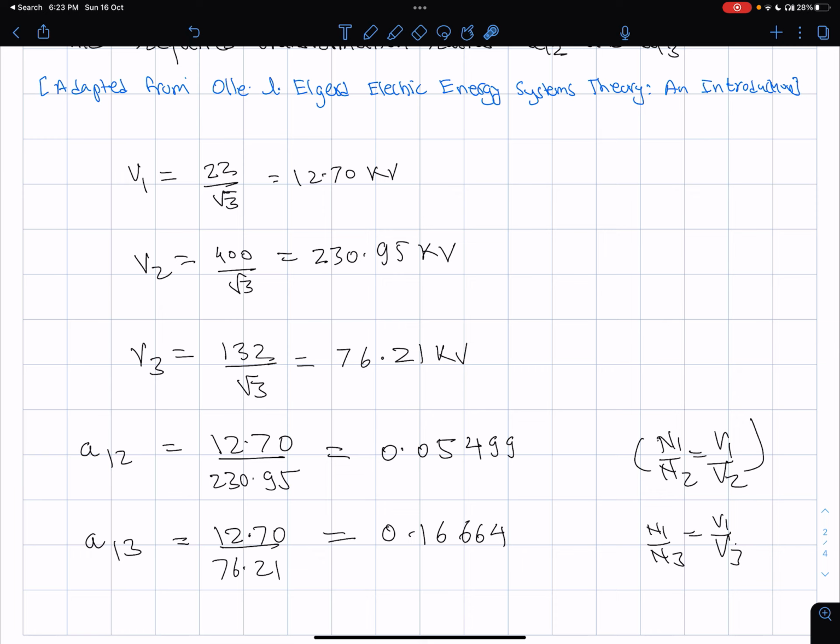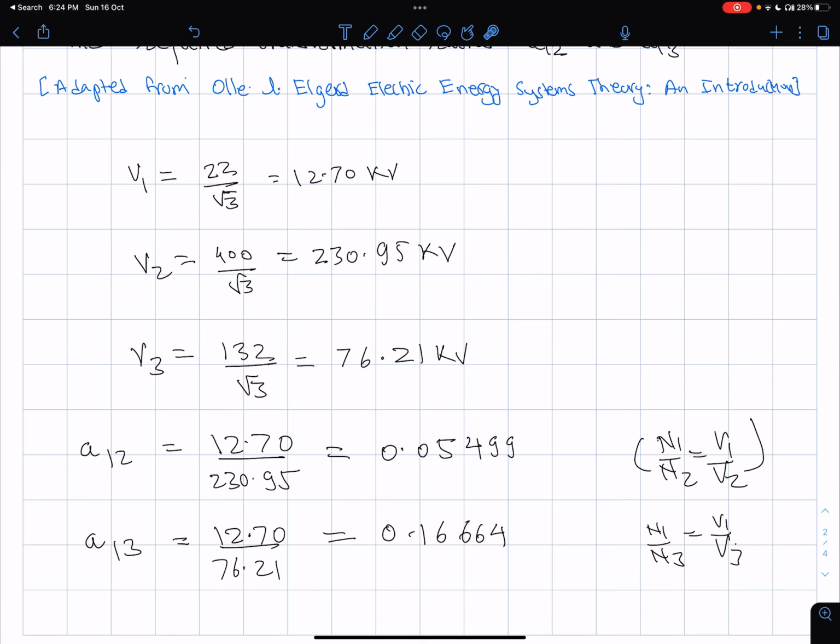If I take one turn on N2, then I would need 5499 turns on N1. Similarly, if I take one turn on N3, then I would need 16664 turns on the N1 side.